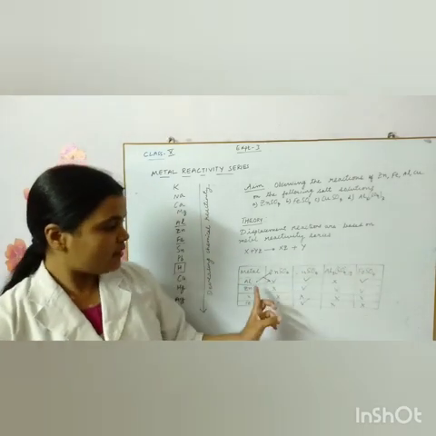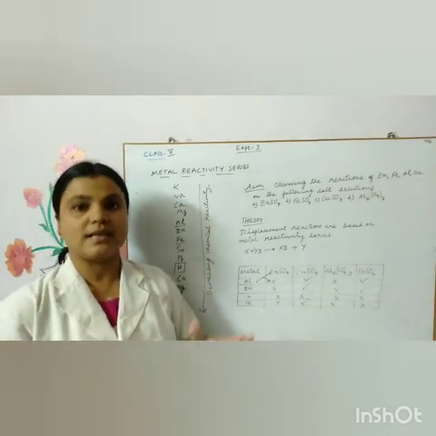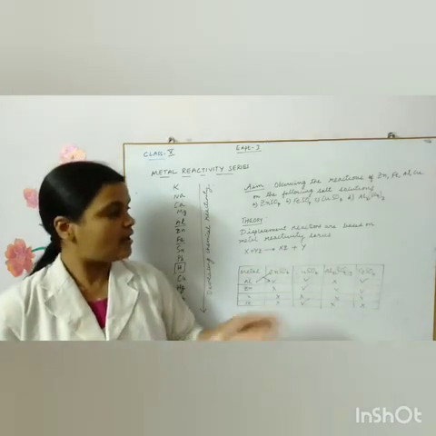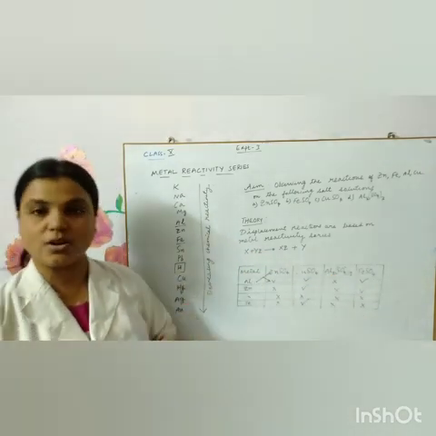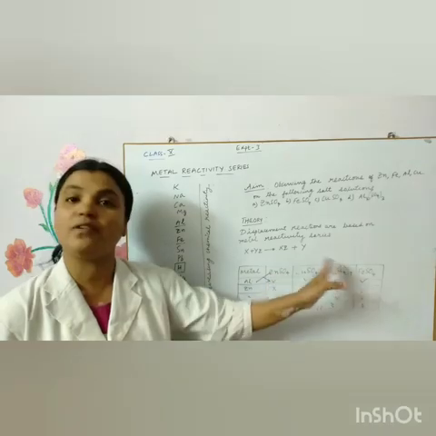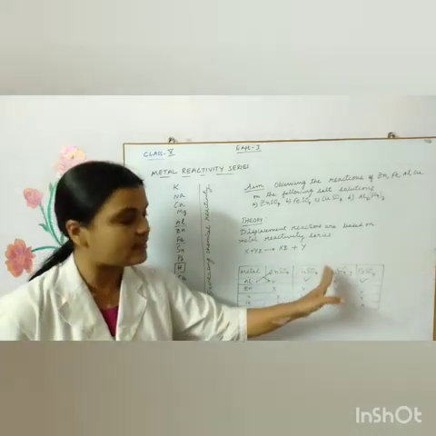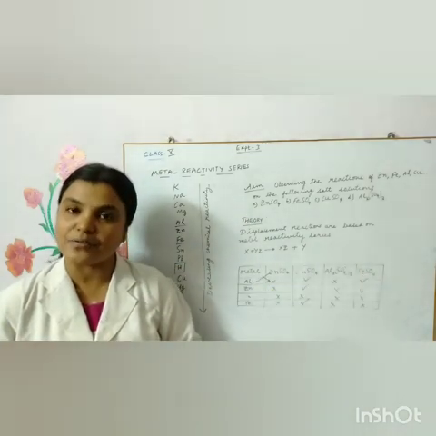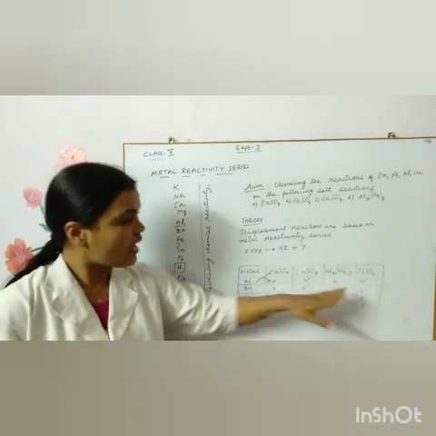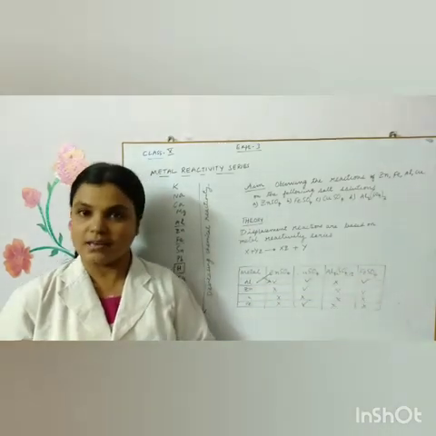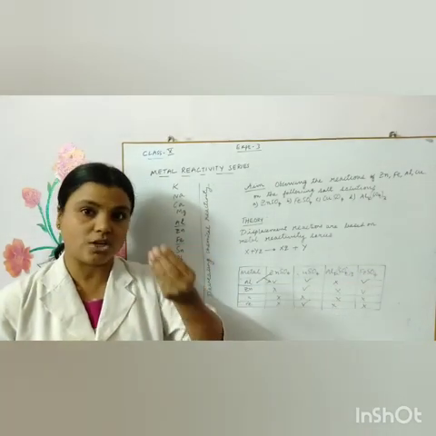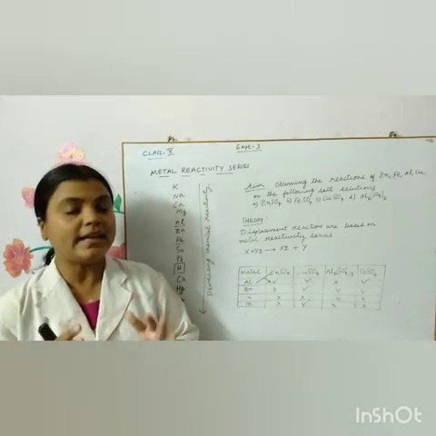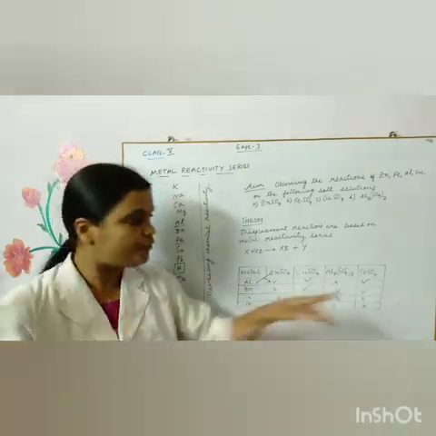And here the aluminium cannot displace its own metal. It cannot displace because here also it is aluminium and here also it is aluminium. In such a solution, there will be no reaction. It cannot displace itself from its salt solution. Next is iron sulfate. We saw that the pale green color of iron sulfate was decolorized again, indicating iron is removed from its solution.